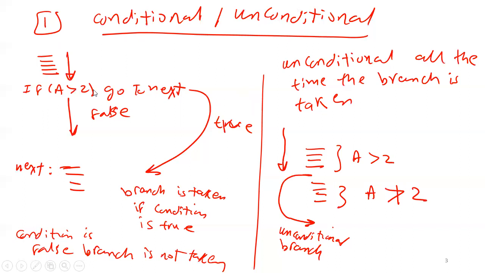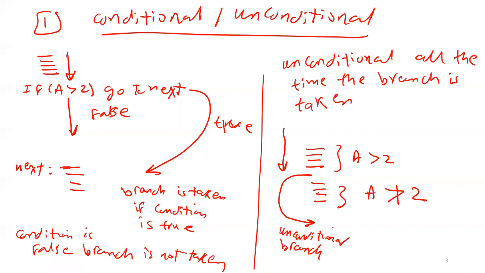And if the condition is true, the branch is taken. So I'm not gonna execute the code here. I'm gonna jump to here, or I'm gonna branch to here. And if the condition is false, I'm gonna go this way.